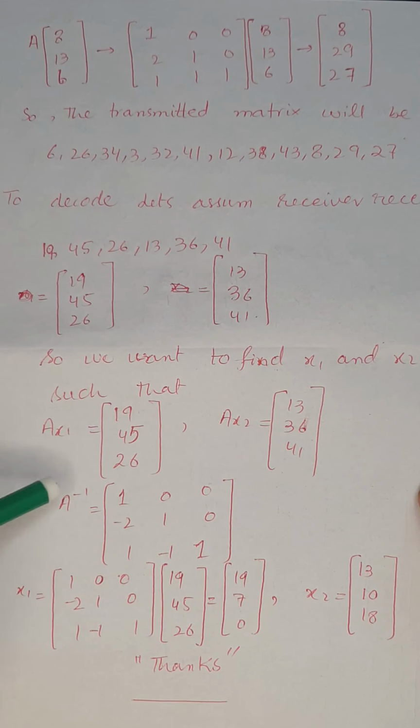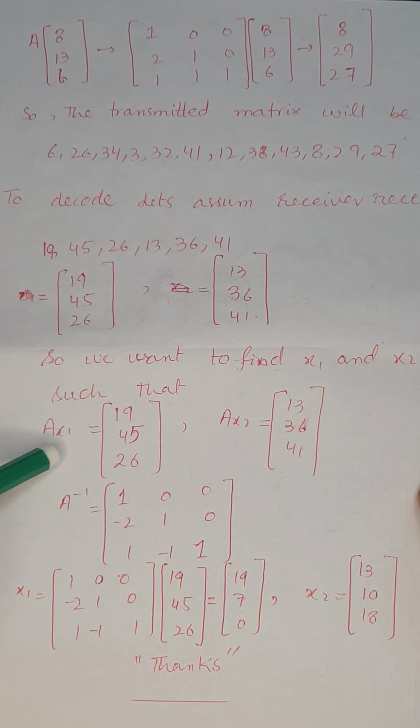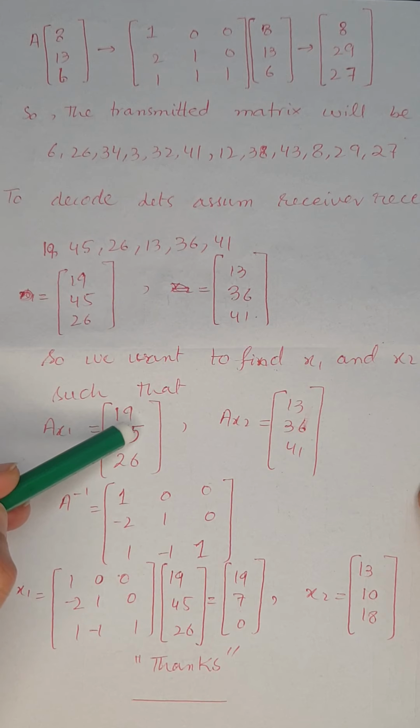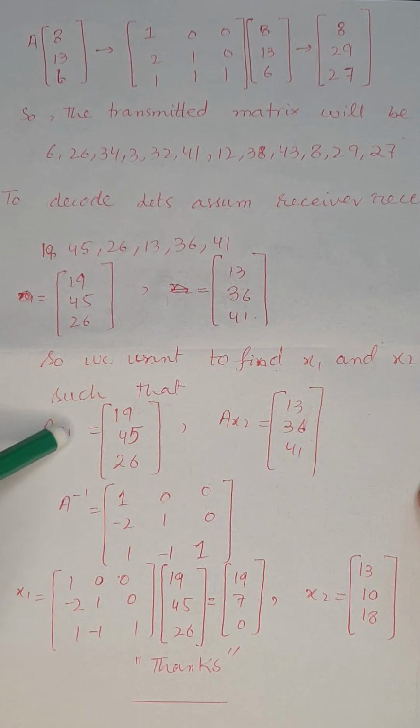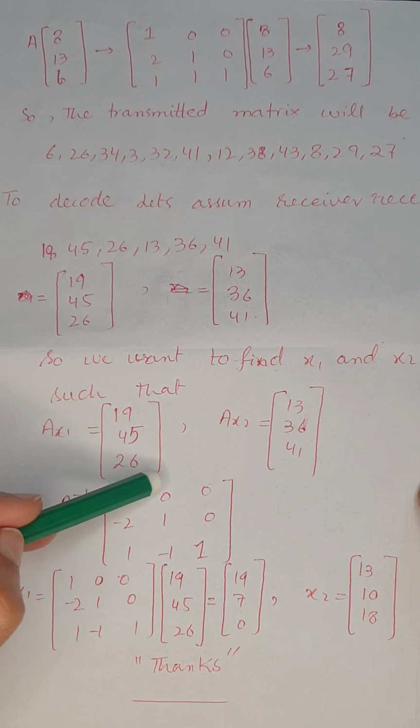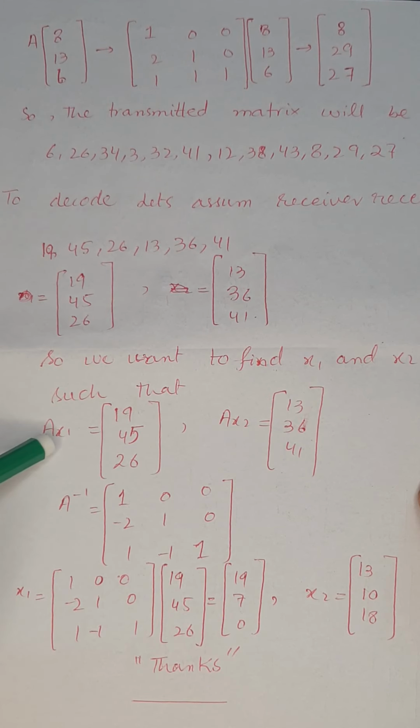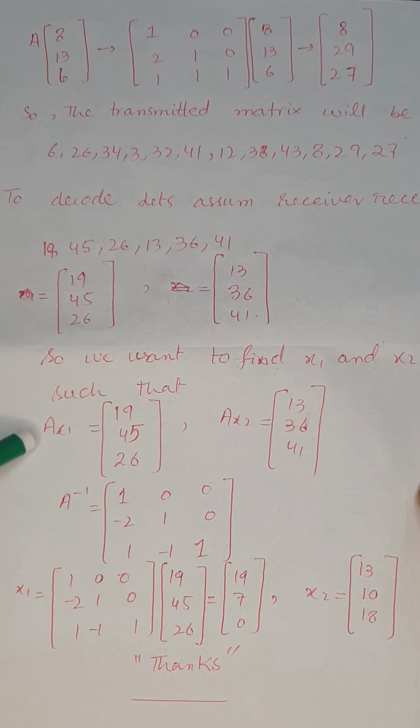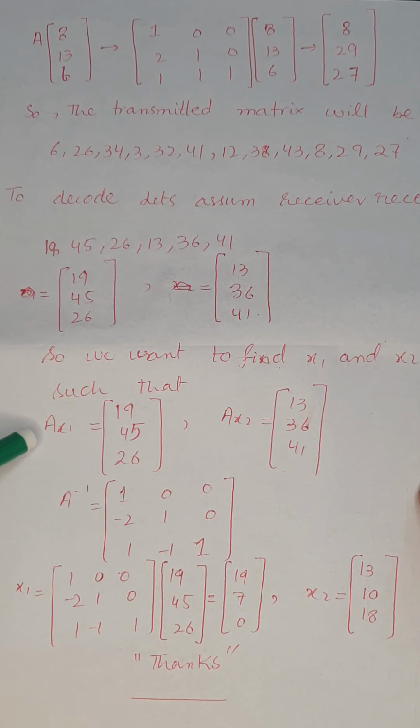So let's say the inverse of the matrix that we previously used as a key is equal to this. Now we know that if A times the original message gives us this at the receiving side, then how can we find the original message? We can find it by multiplying the received message with the inverse of A. This is a very simple rule of solving systems of linear equations. I have taken the same approach.